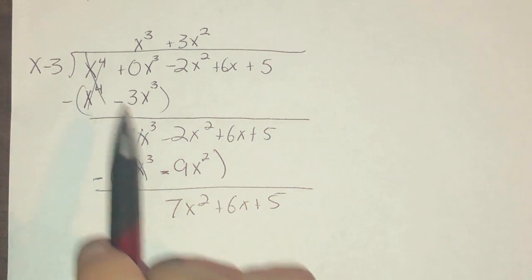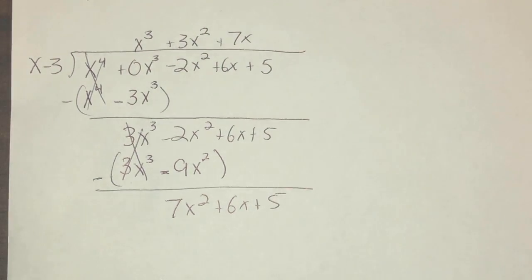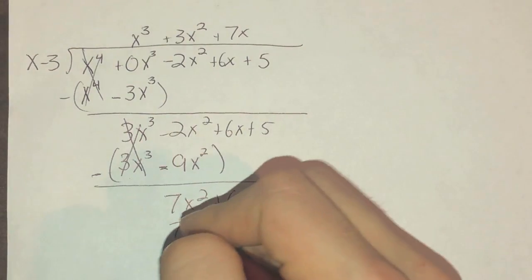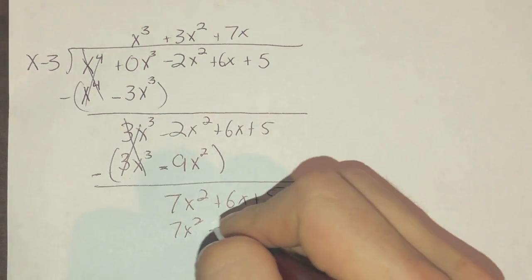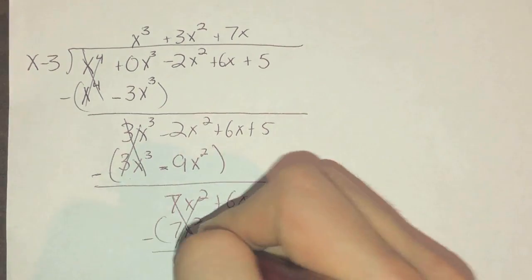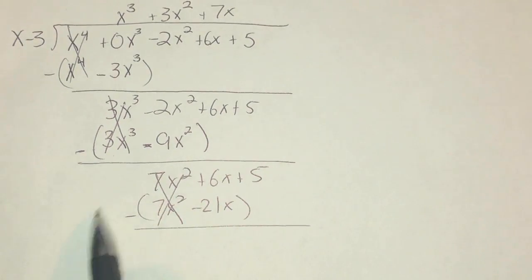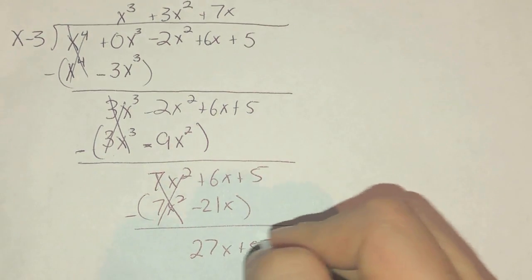Okay, what times x is 7x squared? That's 7x. Okay, 7 times x is 7x squared, or rather 7x times x. 7x times negative 3, negative 21x. Cancels. 6 minus negative 21, that's 27x.